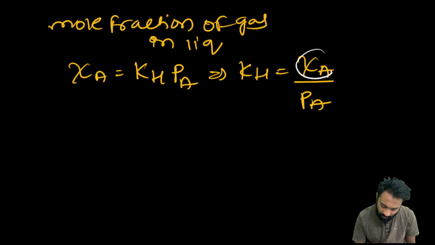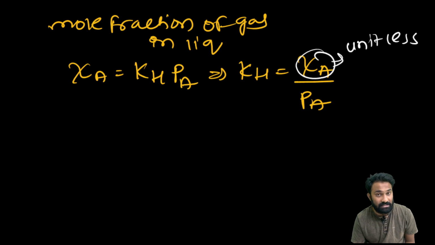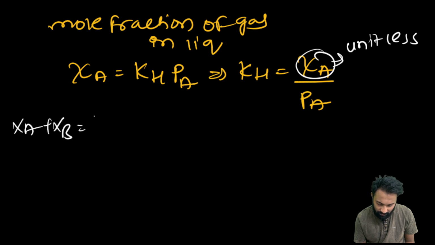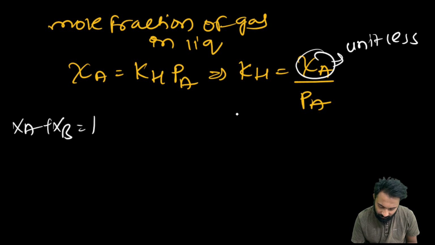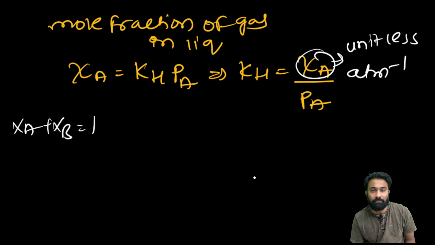Mole fraction is unitless. Yesterday I explained that chi A plus chi B is equal to 1. Why? Number of moles of solute by total, NA by NT plus NB by NT, the units cancel out and it gives 1. So this is unitless, and the unit of this KH will be atm inverse.